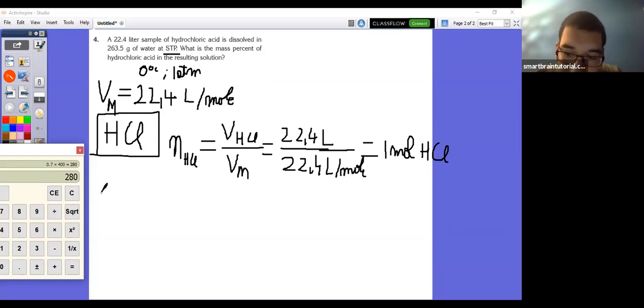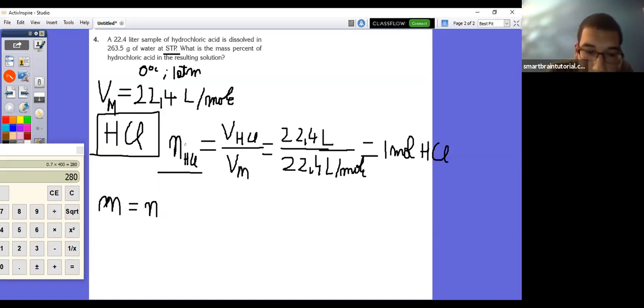Molar mass is an important concept. The mass of a substance, lowercase m, is the number of moles, lowercase n, times the molar mass, uppercase M.